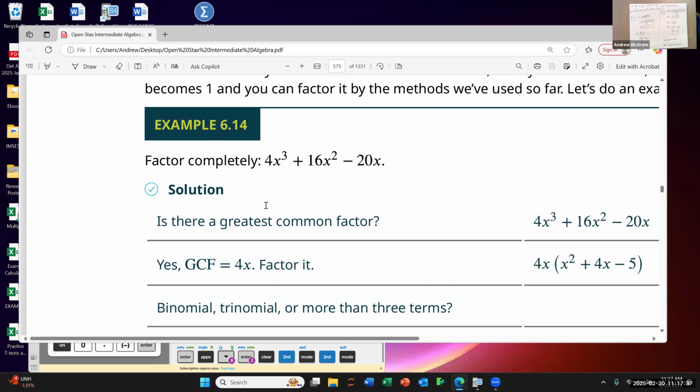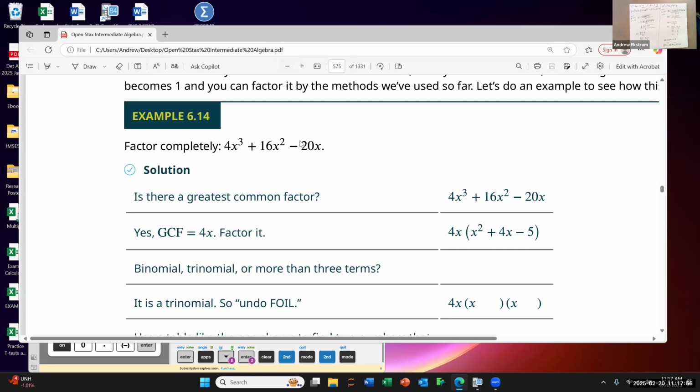So looking at something like this, we've got 4x cubed plus 16x squared minus 20x. If you look at what's going on here, one of the first things that we're supposed to do is look at this and see if there's anything we can factor out.